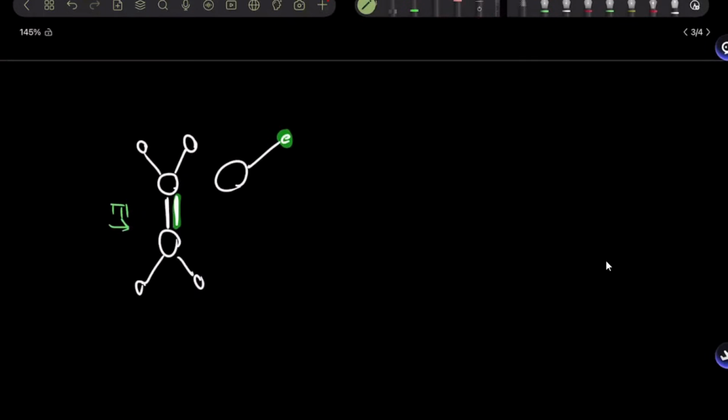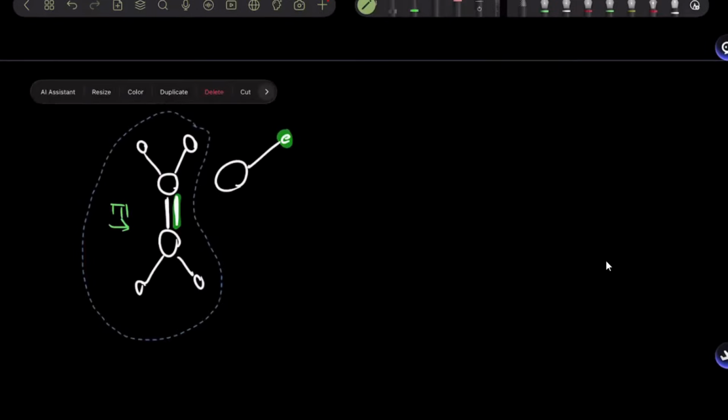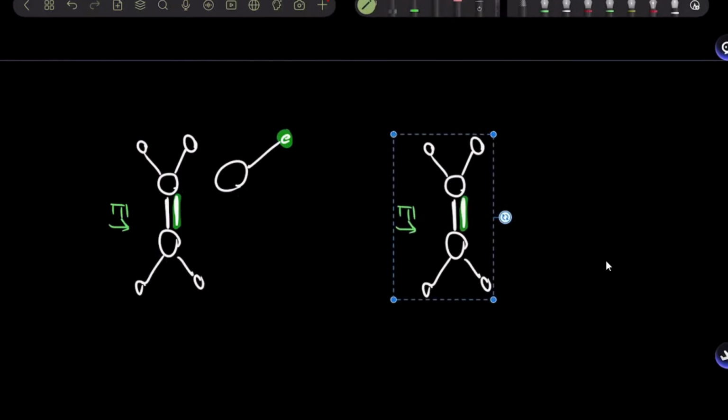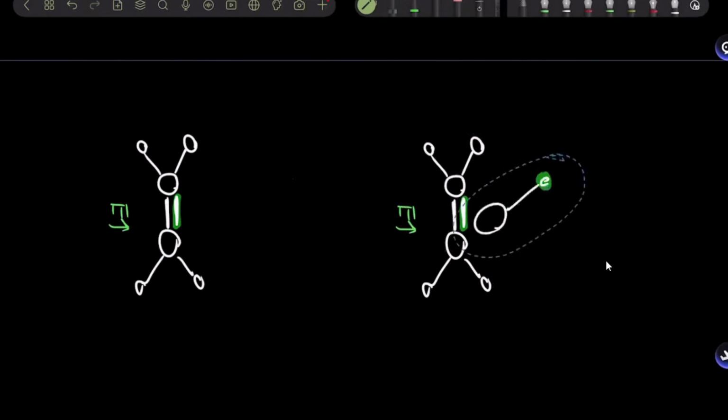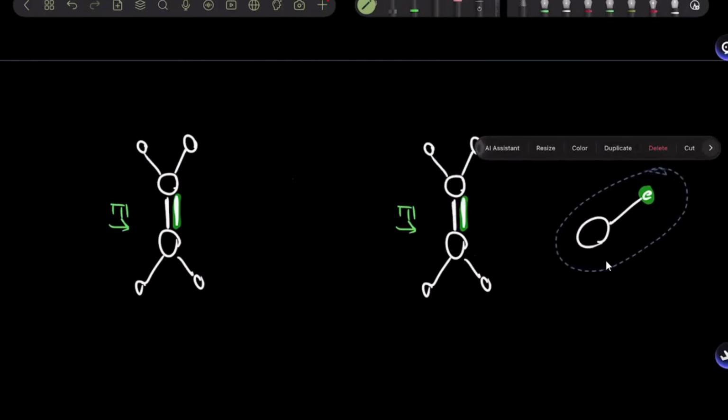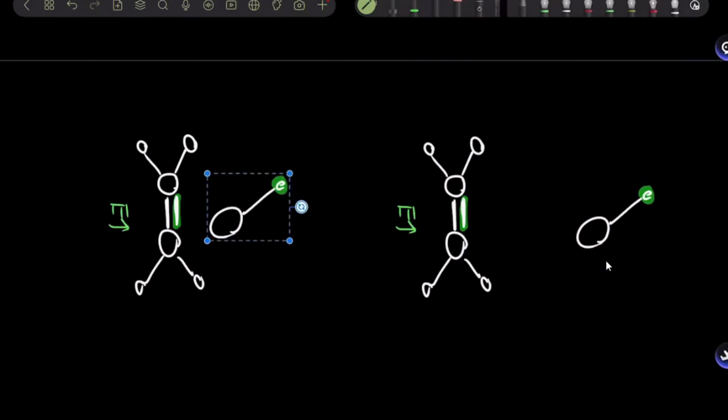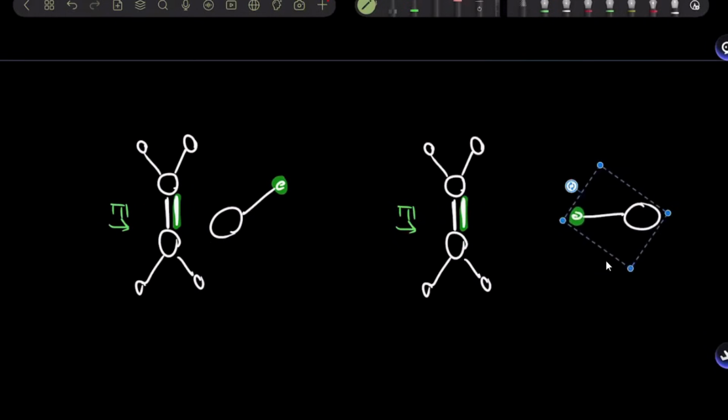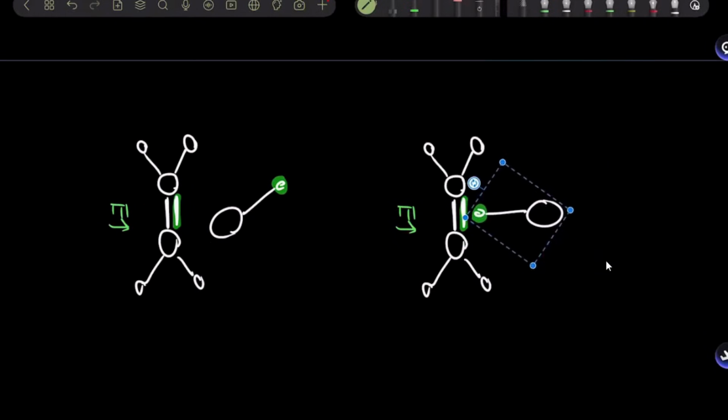What's the correct orientation over here? That is when the pi bond of the alkene directly attacks the hydrogen. This would be the correct orientation.